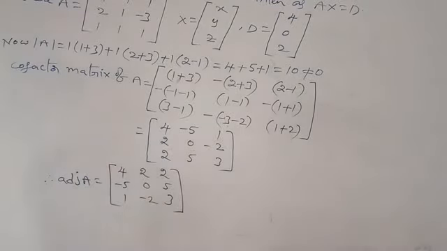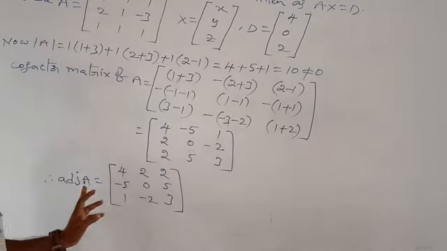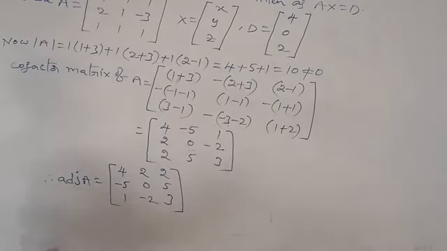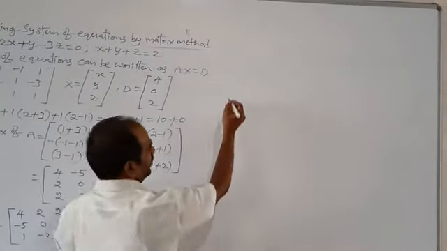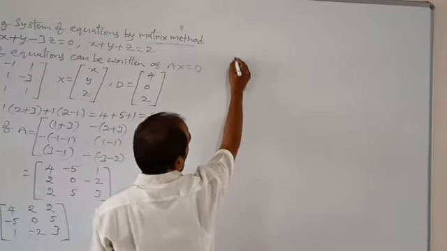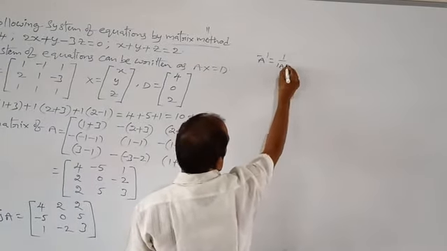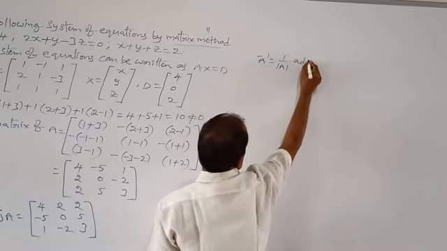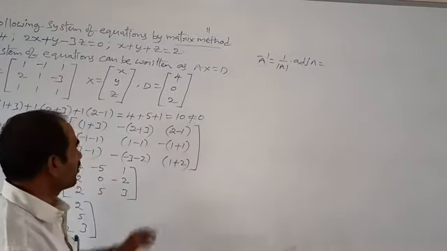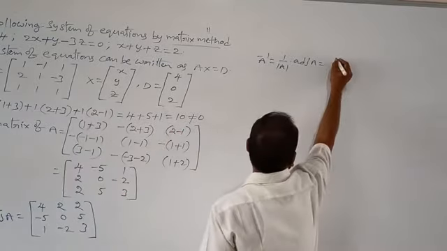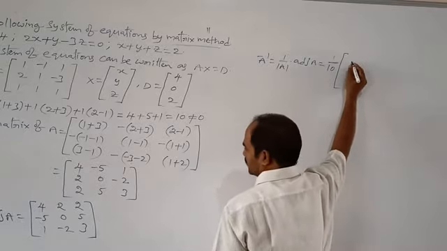Next, we calculate A inverse. A inverse is equal to 1 by delta into adjoint of A. Here the value of delta is 10, so that is 1 by 10 into the adjoint of the matrix.